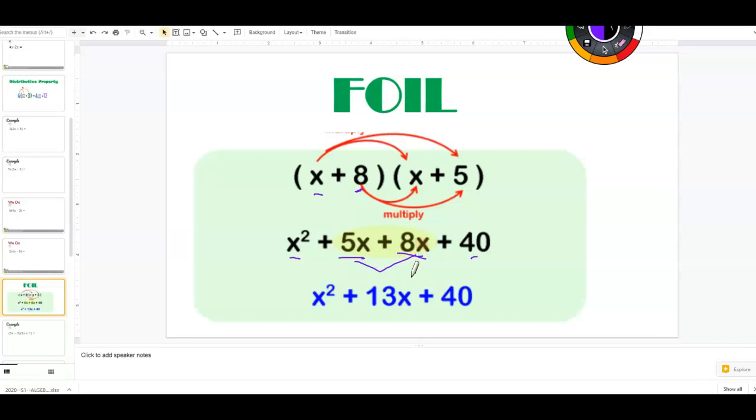So you're going to combine them. To combine them, you just need to add the numbers in the front. So 5 plus 8 gives you 13. So it's 13x. And after combining them, they're gone. Whatever you haven't combined, bring them down, and that is your final answer. Okay.